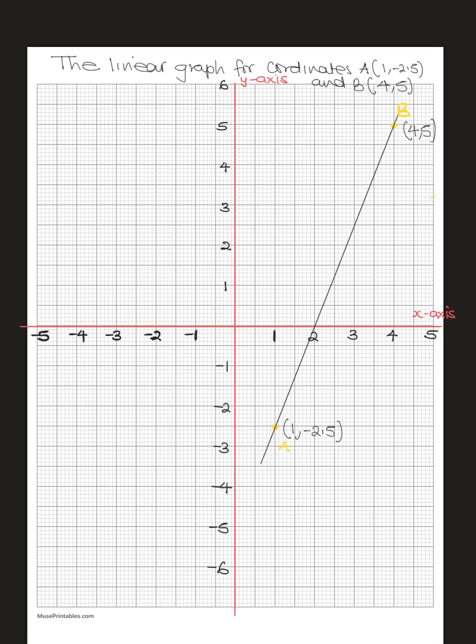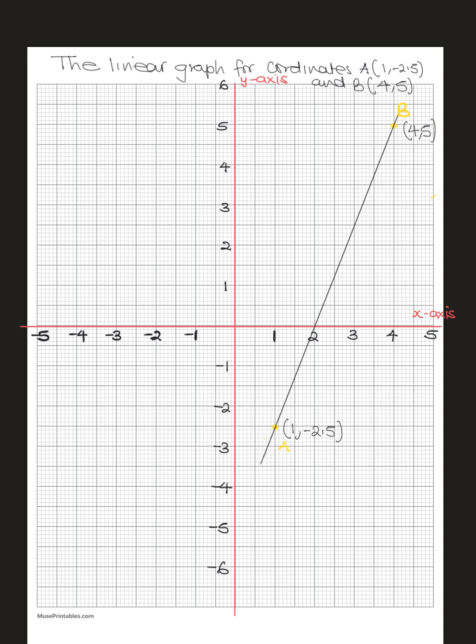So as you can see, from the graph, we can say that the x-intercept is 2. That is the point on the x-axis where the graph cuts is exactly at 2. If we want to know the y-intercept, that is the point where the graph cuts the y-axis, we can extend the graph to see that value.